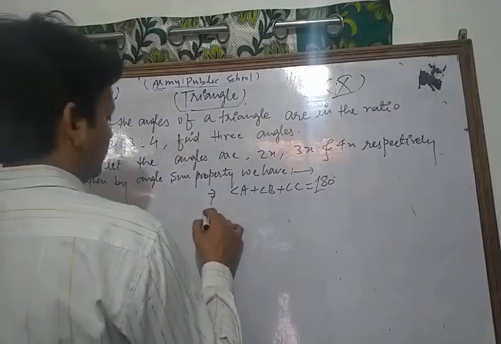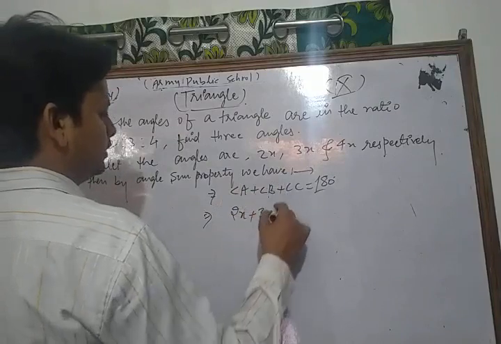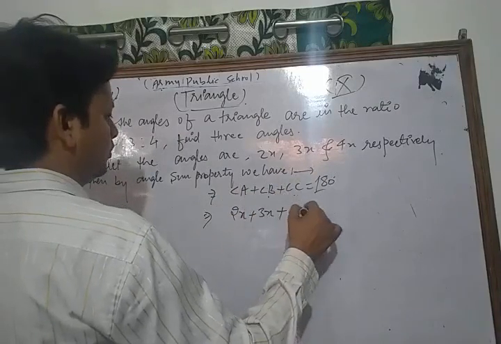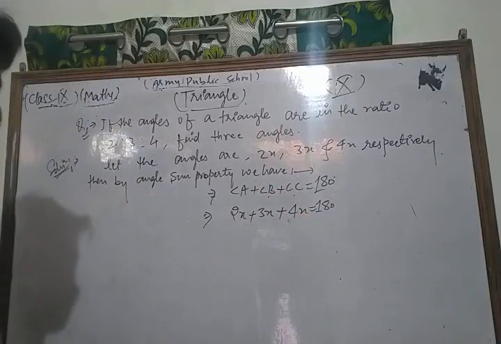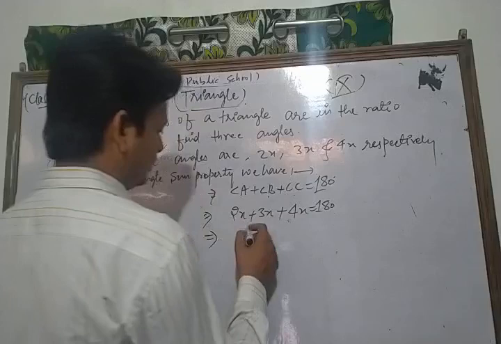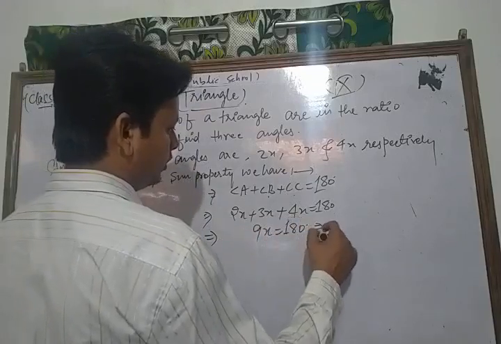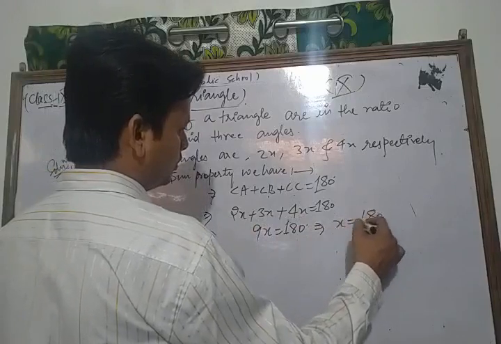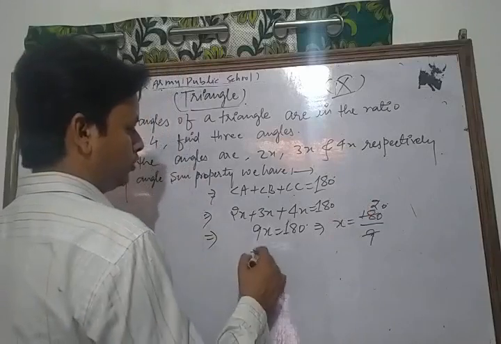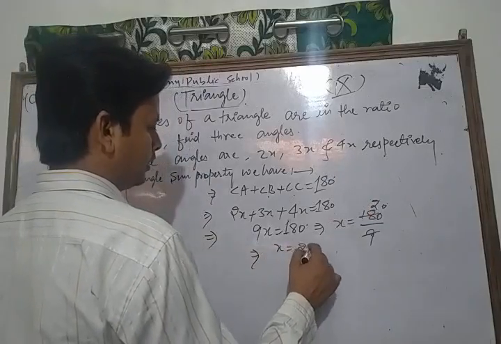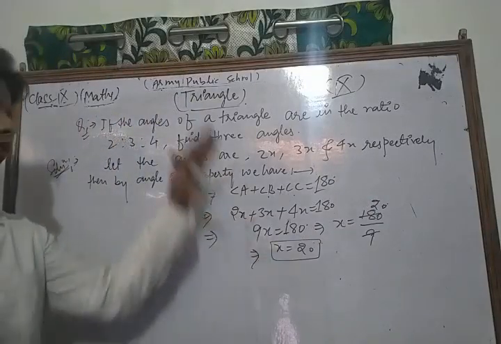Now angle A is 2x, B is 3x, angle C is 4x. So we get 9x equal to 180. Now x is equal to 180 upon 9, which is 20. So the value of x is 20. In this way, first of all we find the value of x.